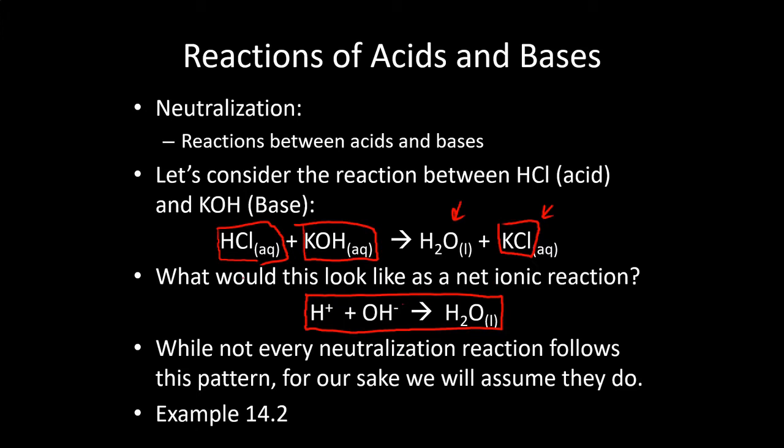Because if everything starts off in aqueous phase, and the end result is that you still just have potassium and chlorine in the aqueous phase, they didn't really change at all. They're still just ions floating around in solution. The only thing that really changed was the H plus from the acid combining with the OH minus from the base to make water. So the net ionic equations for these neutralization reactions are always just the formation of water.